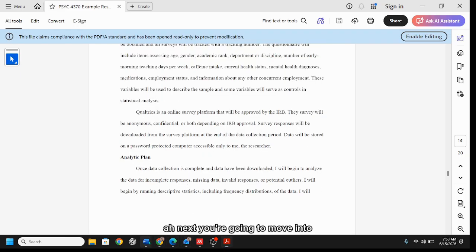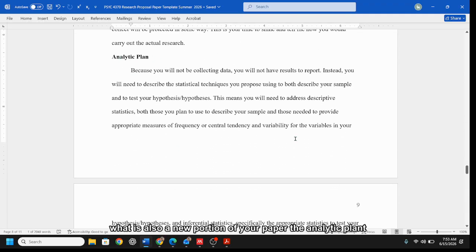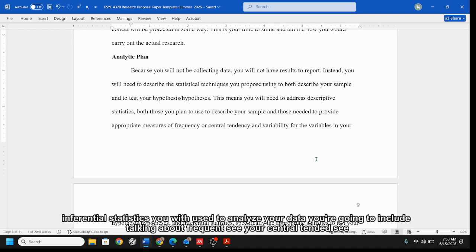Next, you're going to move into what is also a new portion of your paper, the analytic plan. Now, because you're not collecting data, you're not going to have any results. In this section, you're going to tell me the descriptive statistics and the inferential statistics you would use to analyze your data.